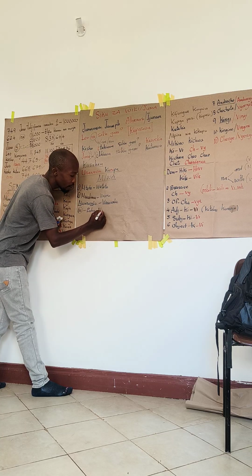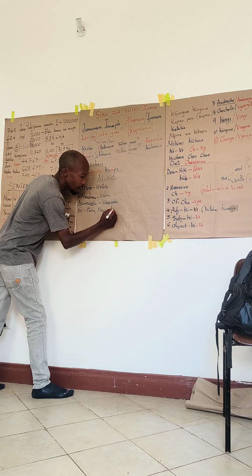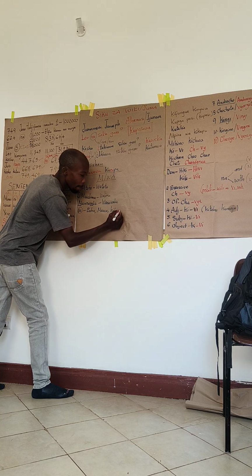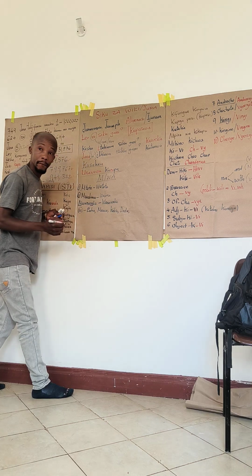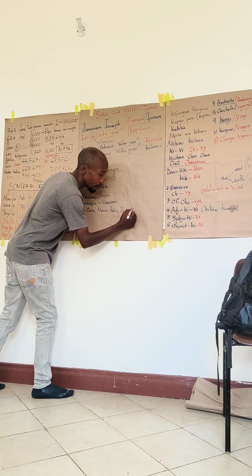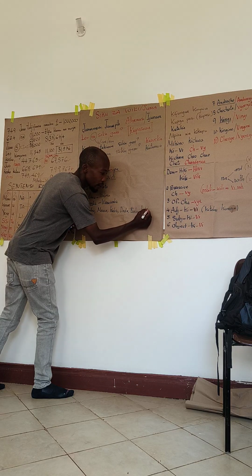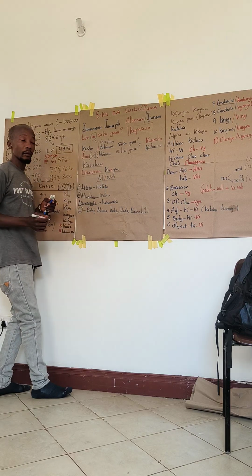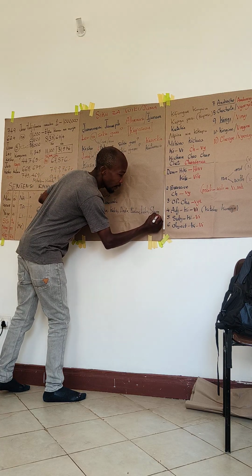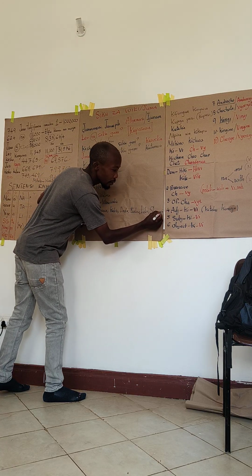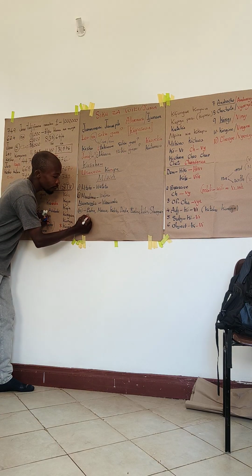Number 2 mama, 3 kaka, 4 dada, 5 babu and bibi, 6 shangazi, aunt. What did I say? Friend? Rafiki.